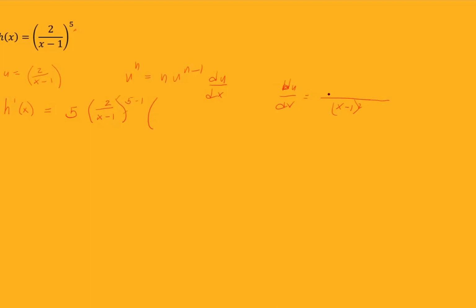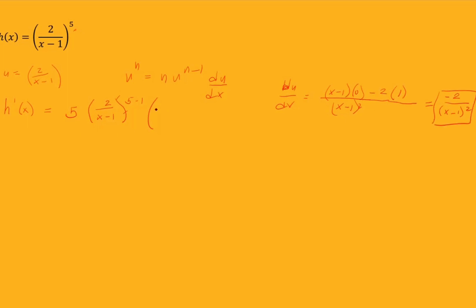So x minus 1 times the derivative of 2, which is 0, minus 2 times the derivative of x minus 1, which is 1. So the final answer here is negative 2 over x minus 1 squared. So this is now the derivative of your u.